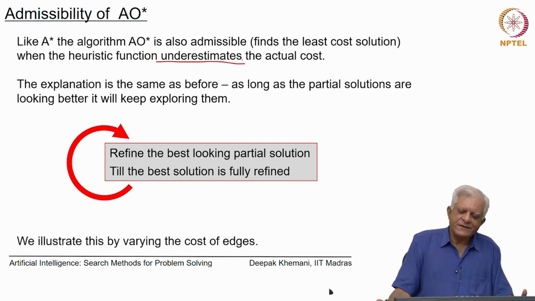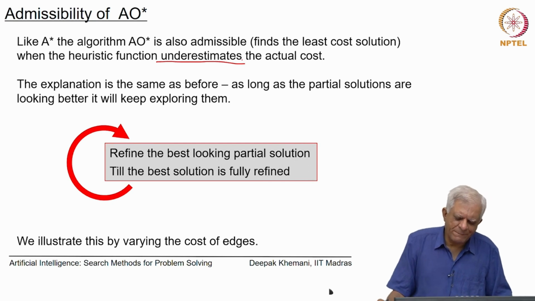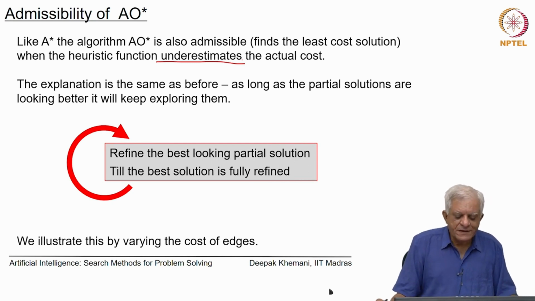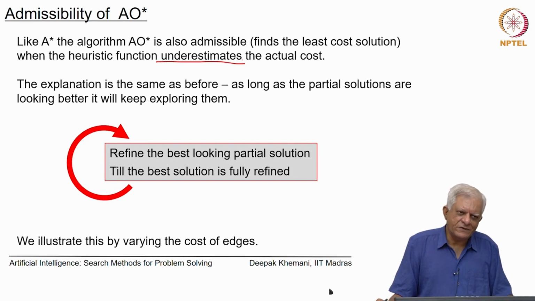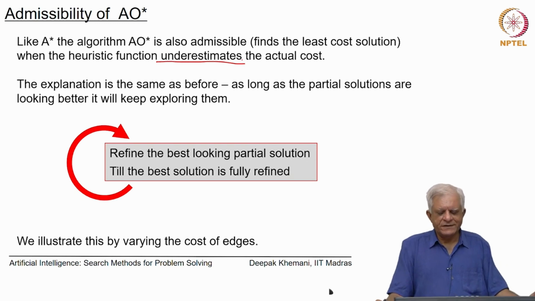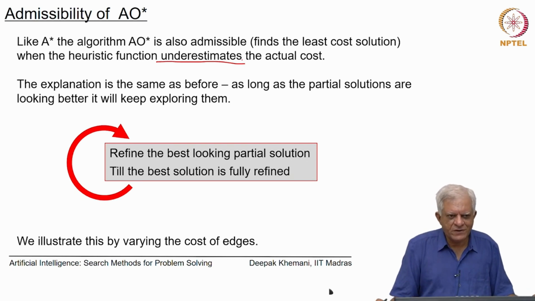We will do this by taking another small example, and modifying the problem in two ways by changing the h cost associated with transformation. So, in one case we will keep the h cost very low, which would mean that the heuristic function is actually overestimating the effort that is required.